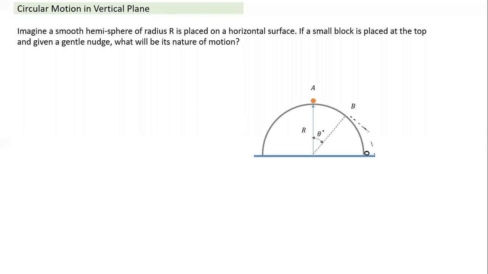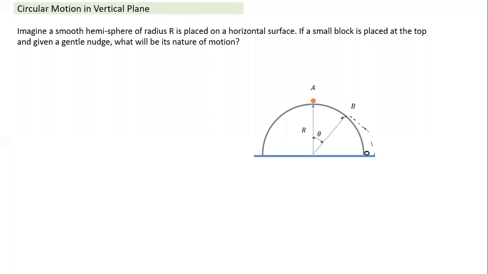Let's assume that it loses contact at a position which makes an angle theta with the upward vertical, point B. If it loses contact, what is the condition I can apply? This point is on the verge of losing contact. If I relate it to the slackening of a string, here also losing contact means the normal reaction will approach 0.